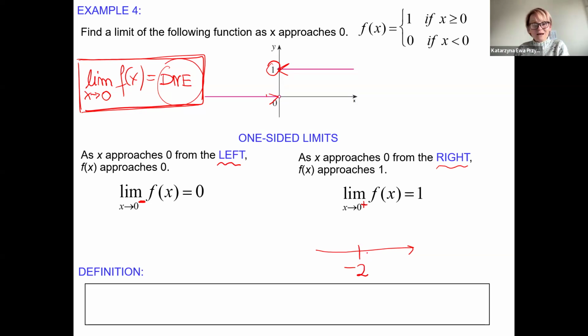What is an example of a number on the right-hand side at -2? -1.99999. Yes, this is -1.99. And can you give me an example on the left-hand side? Because this one we're going backwards. This one is -2.00001. Okay, we can see both of them are negative, on the left and on the right. Just to tell, because I know how we can have mistakes.